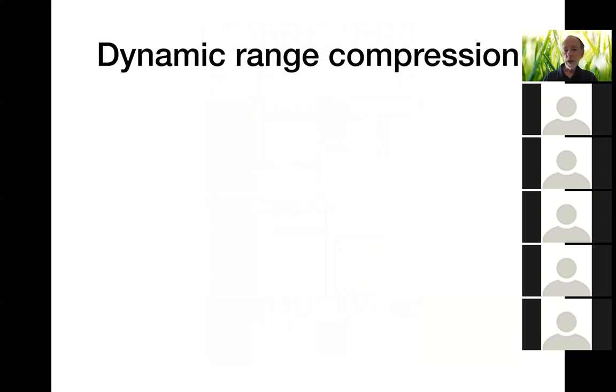So compression is short for a big mouthful, dynamic range compression. The term dynamic range refers to the fact that there is a huge range of echo strengths. Tissue interfaces scanned at perpendicular incidence can produce strong echoes, particularly if there is a big difference in the first and second tissue, whereas scattered echoes can be very, very weak.